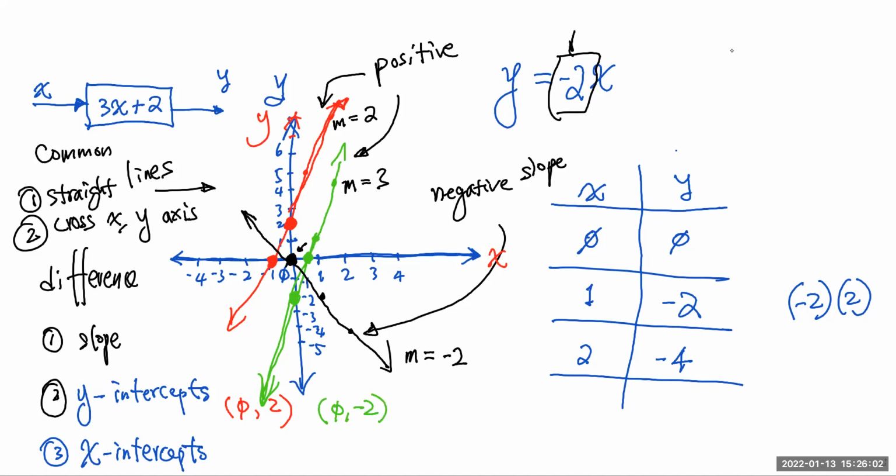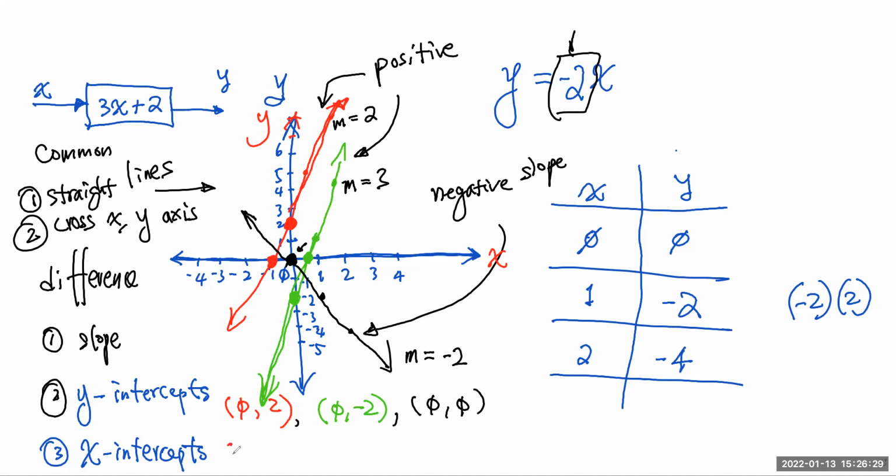And for the black line it is 0, 0. Notice that the x coordinate is 0 because it's on the y-axis. So for any point on the y-axis, the x coordinate will be 0. And for the x-intercept, it's the other way around.